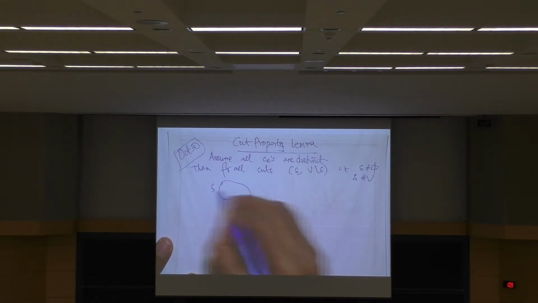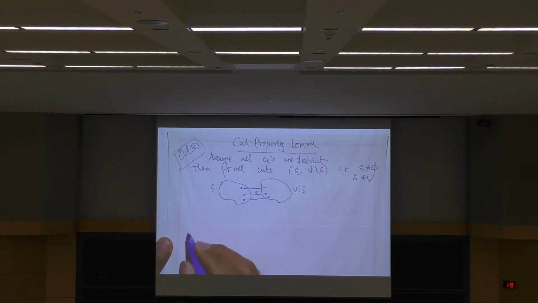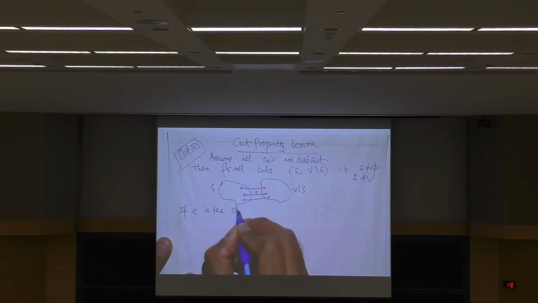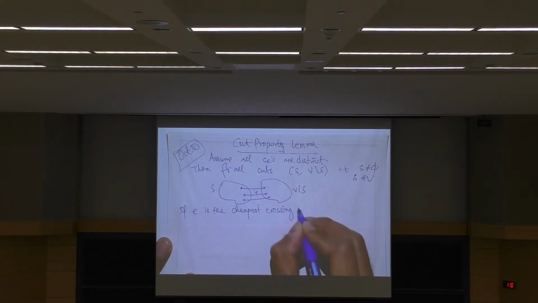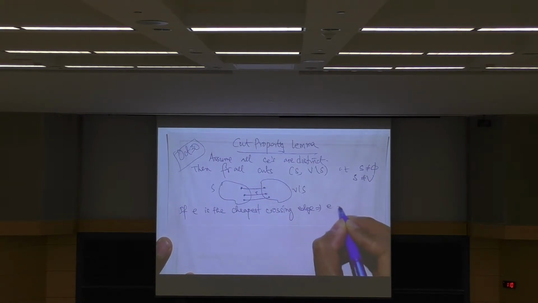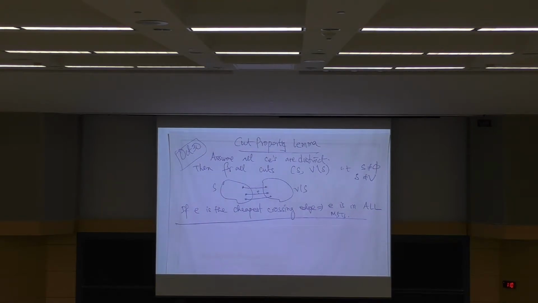So you have S and you have V minus S, and you look at all the crossing edges. If e is the cheapest crossing edge, then that implies e is in all MSTs. All right, so for now, assume this is true.